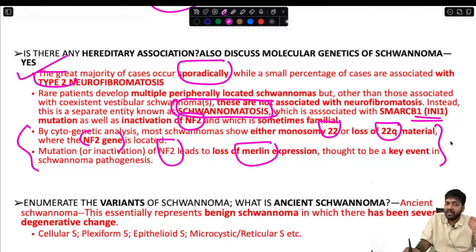But remember, the hereditary association most commonly is type 2 neurofibromatosis and schwannomatosis. The ones you see in schwannomatosis are usually associated with SMARCB1 INI1 mutation as well as inactivation of NF2, but they are not associated with NF2 neurofibromatosis as a syndrome.